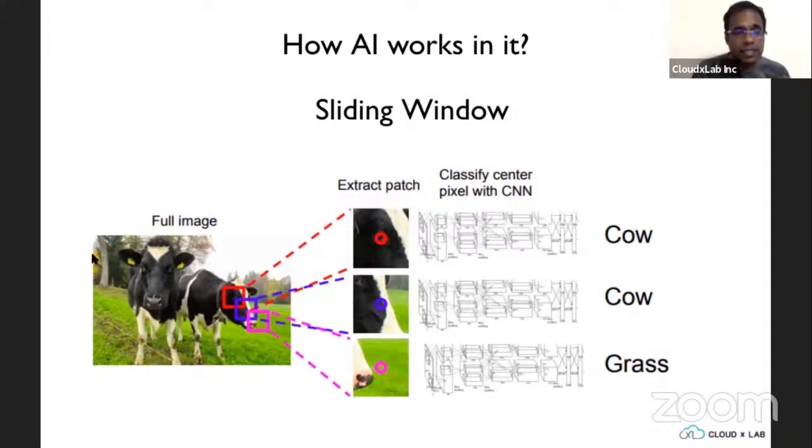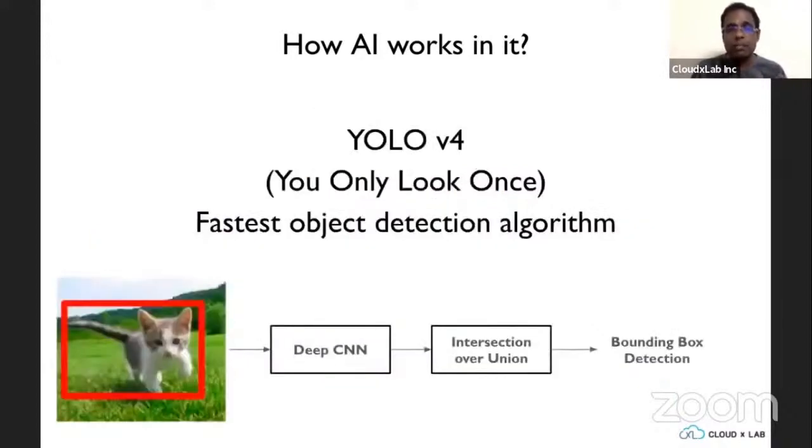Let's have a sliding window and detect whether the pixel in the center belongs to a cow or grass, etc. They would run multiple windows of different heights and widths across the image, and each would get a certain classification. At the end, you would merge all of it. Now that's an extremely slow, painful process.